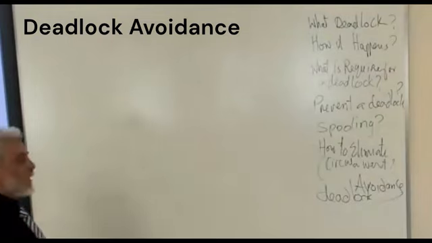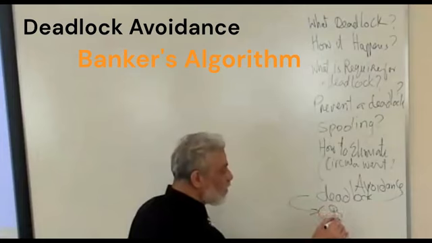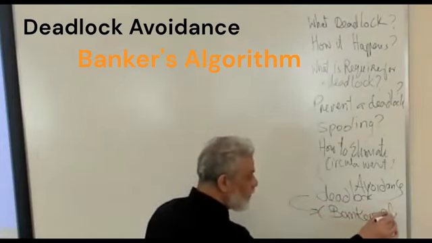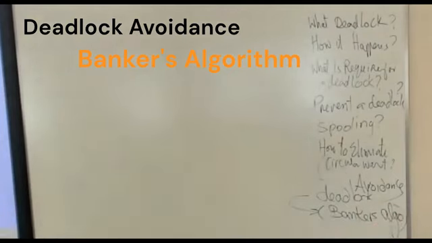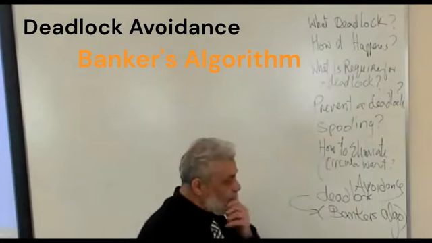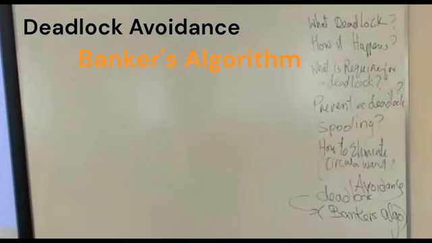And how is that done? How do we avoid it? There's an algorithm called Banker's algorithm. So how does Banker's algorithm work? We'll look in a second, we'll get an example of how it works. It's a good idea to do it now. Maybe. Yeah, why not?